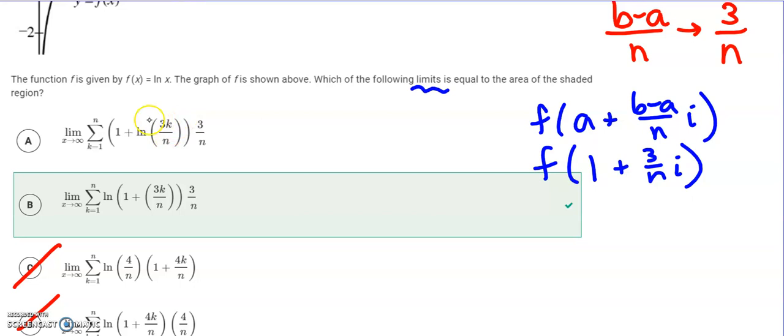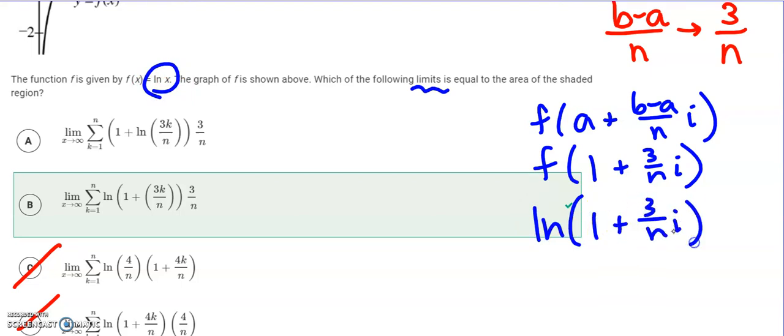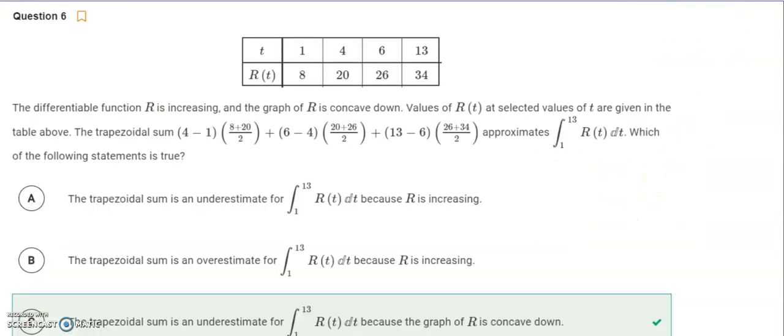Where this one is f of, and you've got that whole thing in there, right? Because if our function is natural log of x, then I want the natural log of 1 plus 3 over n i. Or again, in this case, they're using k. So B is my answer. Remember again, that's because you're starting at 1 and you're stepping out to end 3 away, right? So 1 to 4 is a step away of 3.